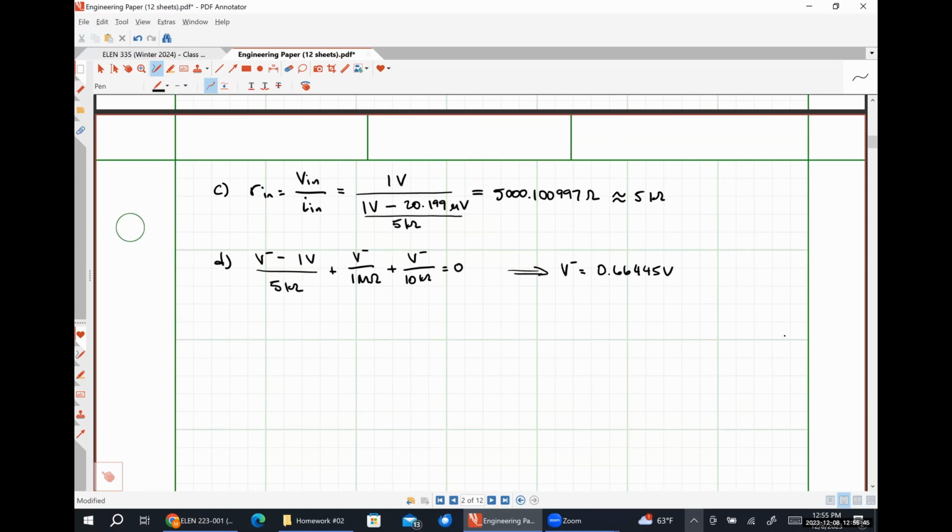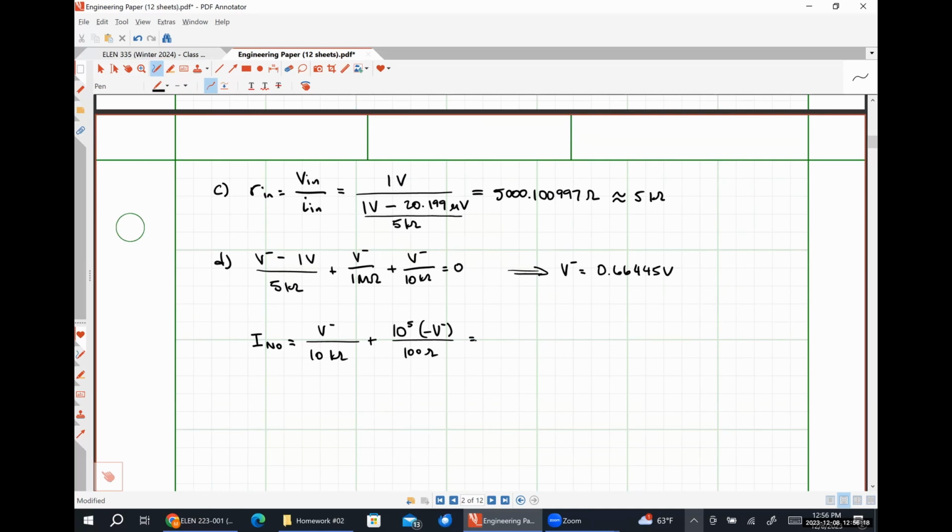And our Norton current is then going to be V minus divided by 10 kilo ohms plus 10 to the 5 times negative V minus divided by 100 ohms.